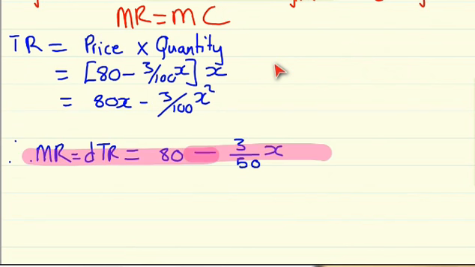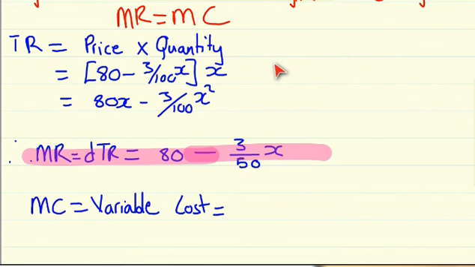All right, so what about my marginal cost? Marginal cost is just equal to your variable cost. If I wanted, I would have done my total cost first and then differentiated it again to get marginal cost. But in this case, it's simple. From my question above, our variable costs are given.